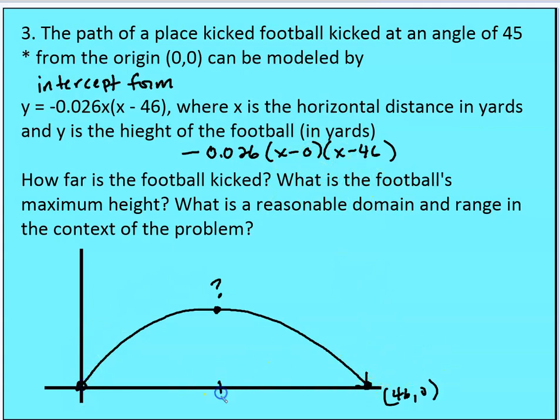And that means that halfway between the two, since I started at the origin, is going to be 23. So then I'm going to use that value of 23 to solve for my value of y, which is really the height, as a function of x.